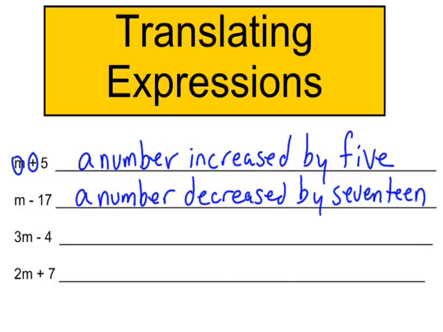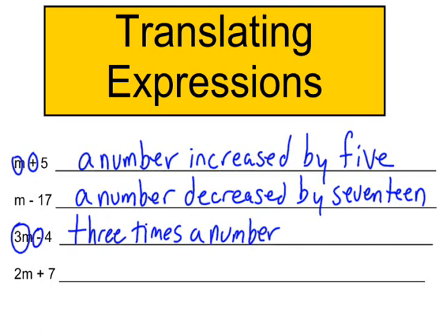Our next example, we have 3m minus 4. So I'm going to translate that into words. I'm going to do 3 times a number decreased by 4. And in our last example, we have 2m plus 7. So I could say twice a number, 2 times a number, the product of a number and 2.